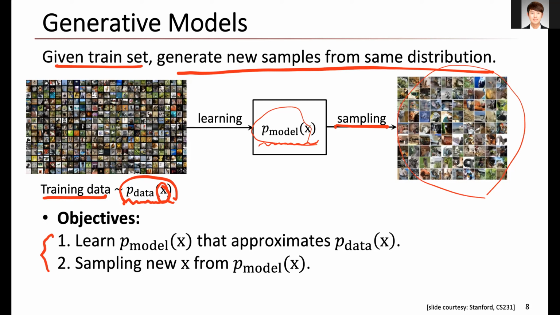So we have two objectives: learn P model of X that well approximates P data of X, and then sample new X from P model X. So this is the objective of the generative model.